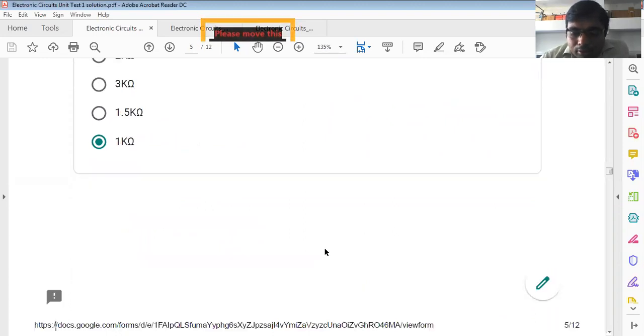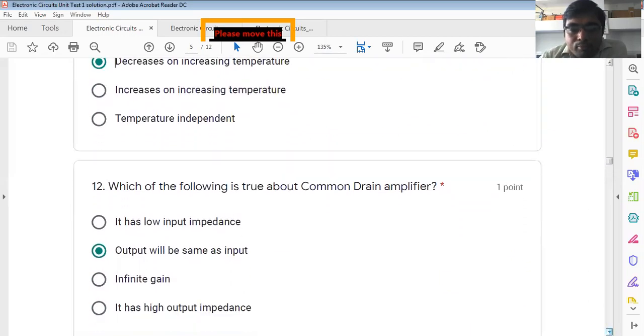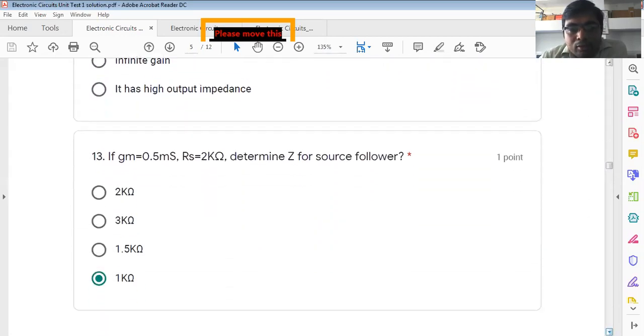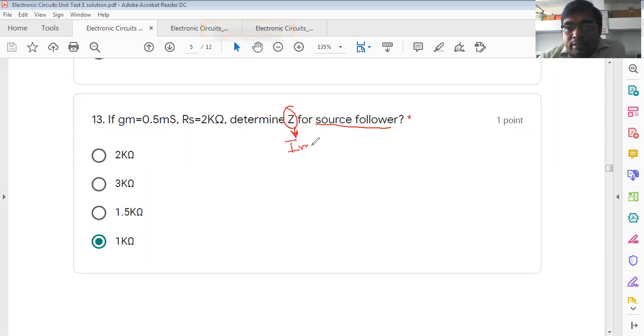Now come to the next question, question number 13. It is again a formula based question, and it is also asked from the common drain. Source follower is another name for the common drain configuration, and this Z is the representation of impedance.